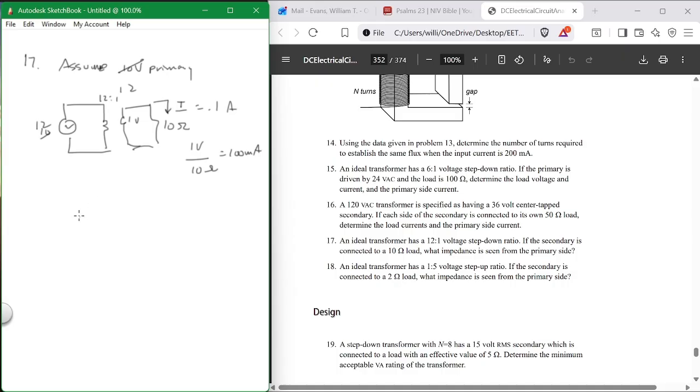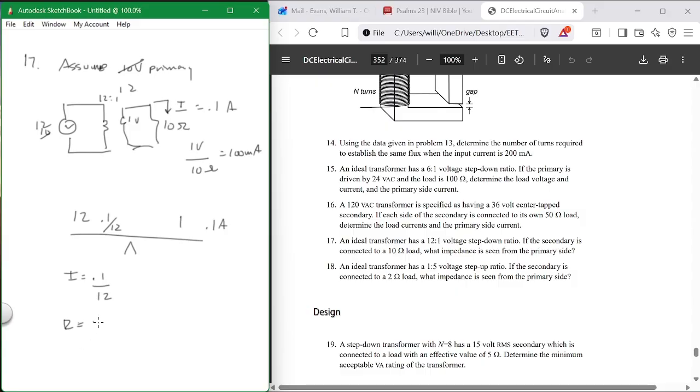So let's go back and do the same thing. 12 to 1, 0.1 amp. Do I divide or do I multiply? I divide. So 0.1 divided by 12 is my current over here. This is my I. So what is my R over here?